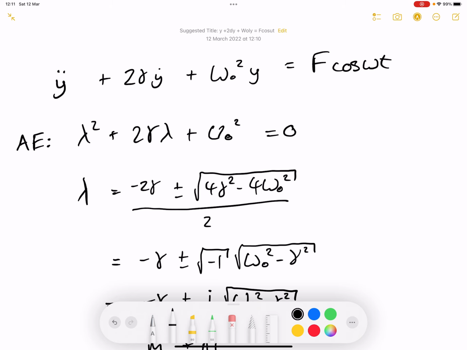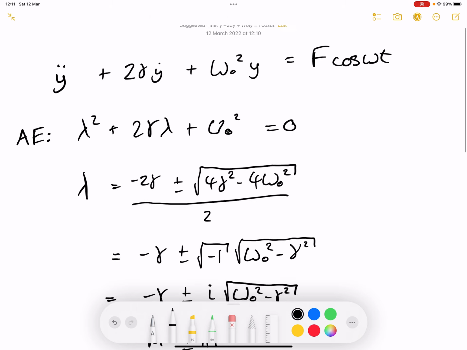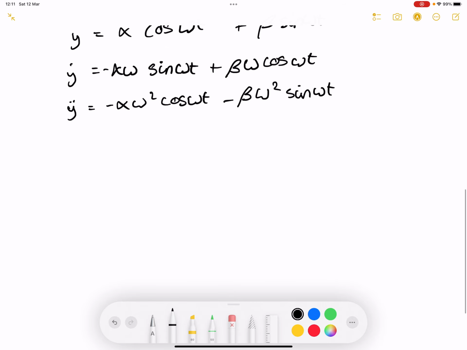But what I'm going to do, just to save time, is piece them together in terms of the sine omega t and the cos omega t parts. So, therefore, we have minus beta omega squared minus 2 gamma alpha omega.